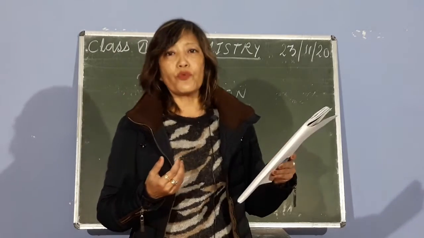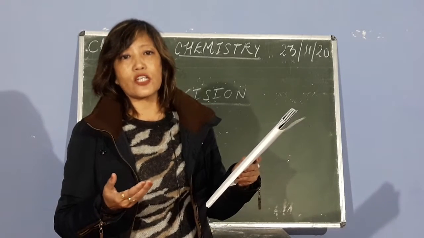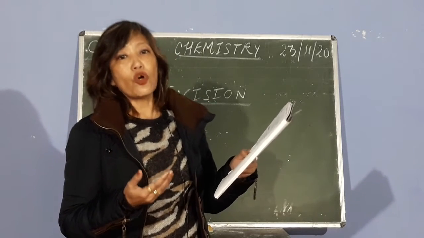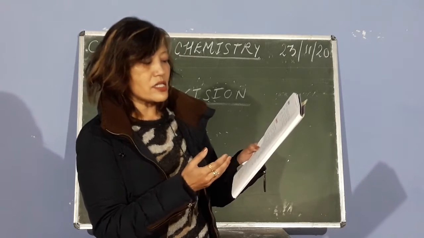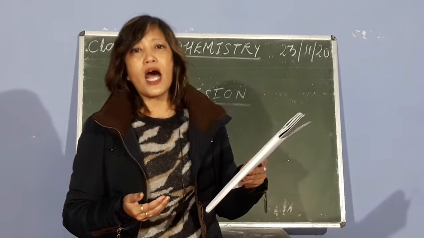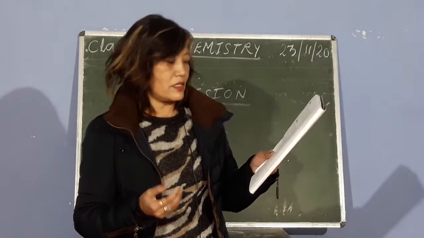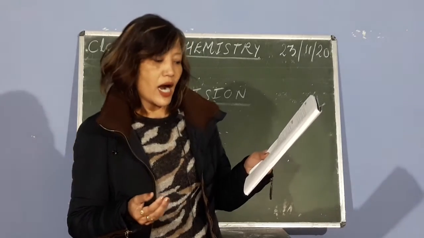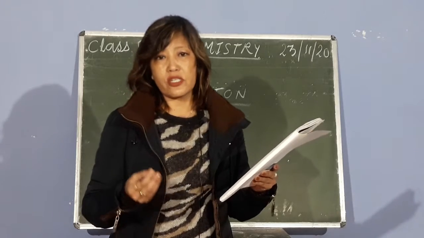Then which of the following is an inert gas? Now you know what are inert gases, which are also called noble gases. The options are argon, oxygen, hydrogen, none of these. So the inert gas here is argon. Then which metal rusts? Gold, silver, iron, aluminium. Now you know what is the process of rust.